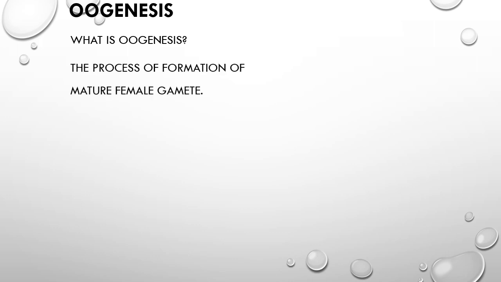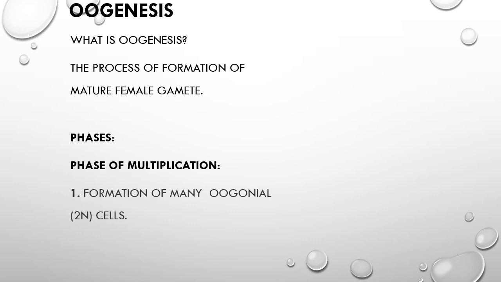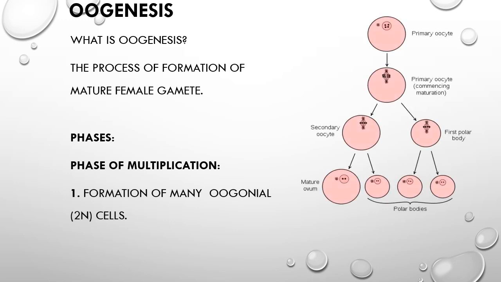Next, let us move on to the most important aspect of human reproduction as well as gametogenesis, which is called oogenesis. So let us know what is oogenesis. Oogenesis is a type of gametogenesis.